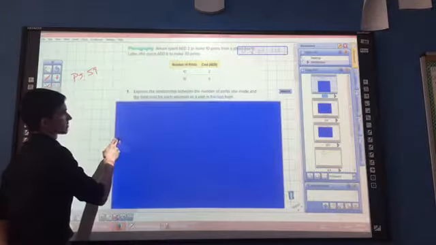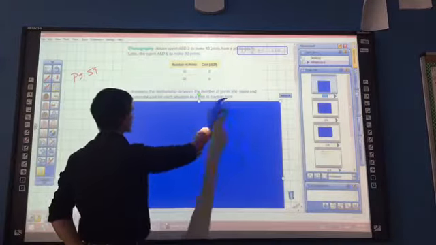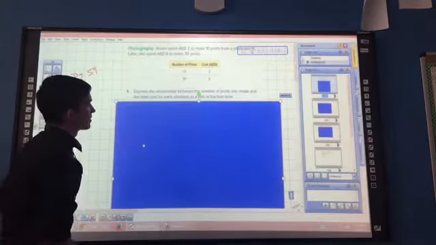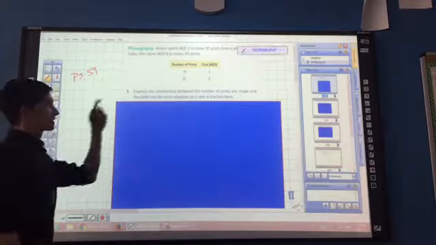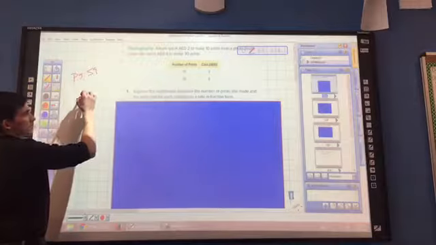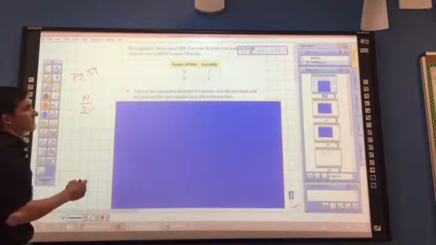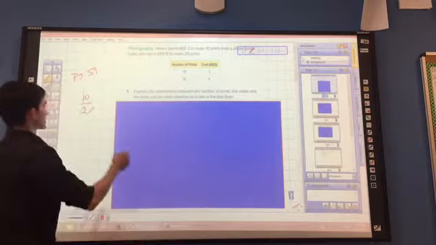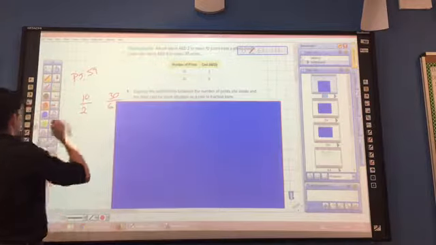So next part. Express the relationship between the number of prints she made and the total cost for each situation as rates in fraction form. So what it's saying is write this out as a rate. If she made 10 prints for 2 dirham, and later she made 30 prints for 6 dirham.